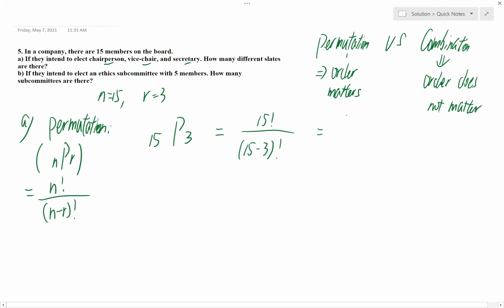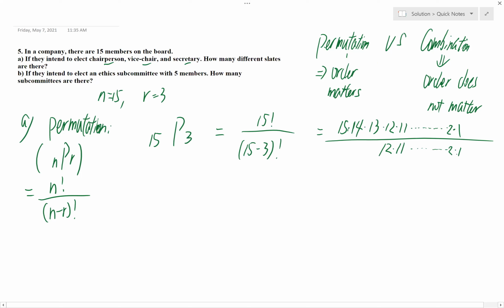So you get 15 factorial, that's 15 times 14 times 13, multiplied by 12, 11, and all the way to 1. You can put a couple more numbers there if you want to, or you can list the entire sequence of numbers. On the bottom is 12 factorial, so start with 12 times 11 all the way to 1.